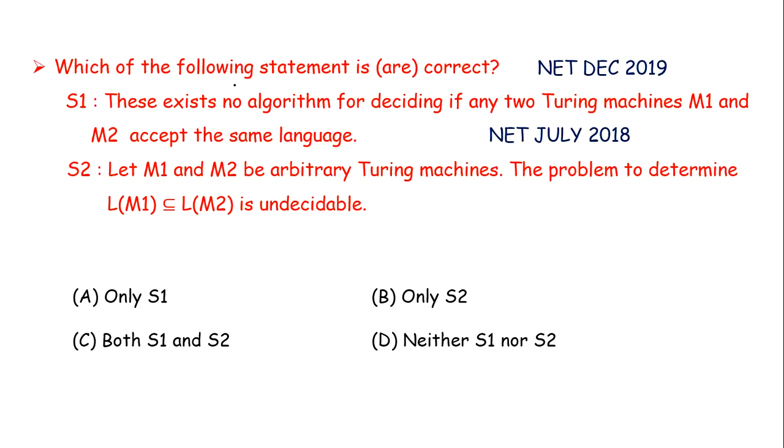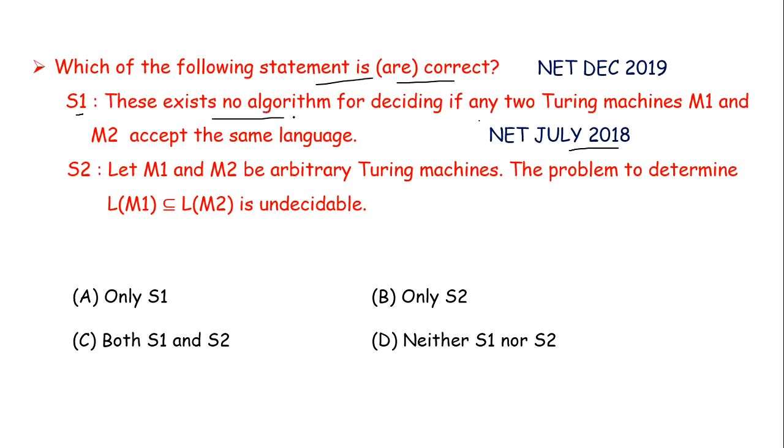Next question is, which of the following statements is or are correct? Okay, one important point, this question has been asked in the July 2018 NET exam also. Exactly the same question was there, so that is why it is important to solve previous years' questions. Okay, what is statement first?